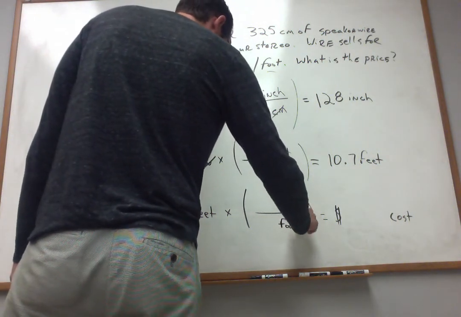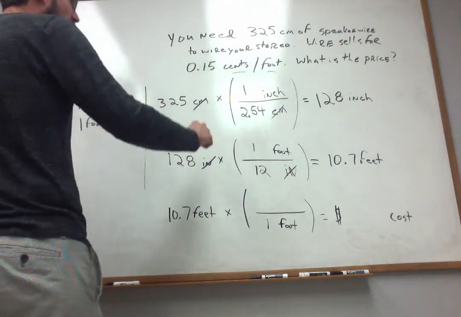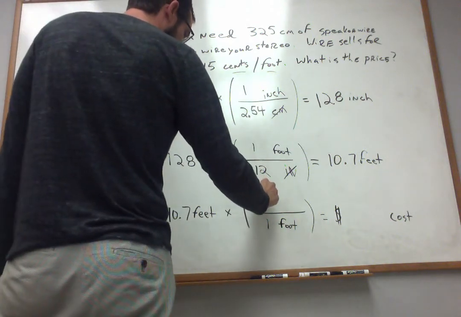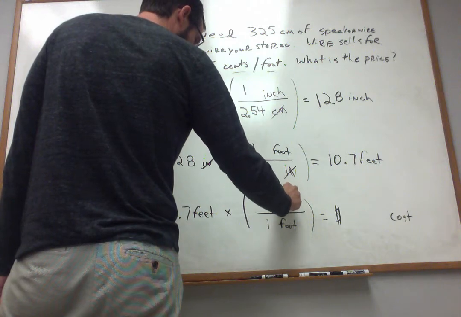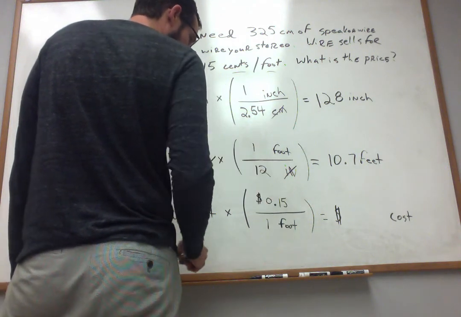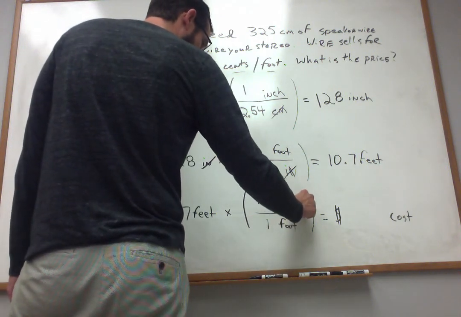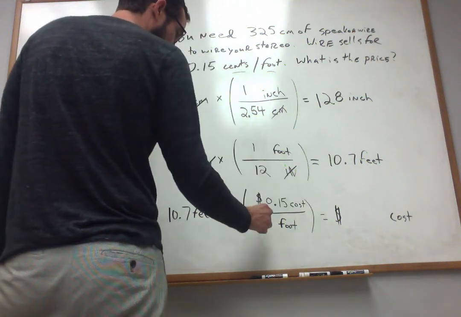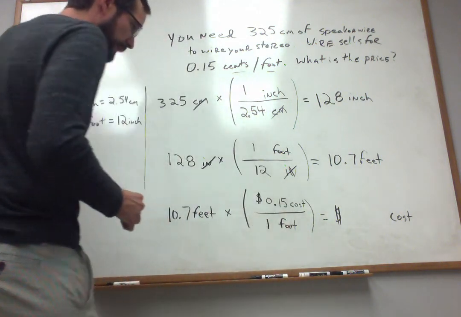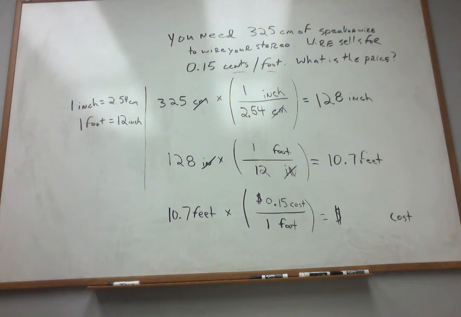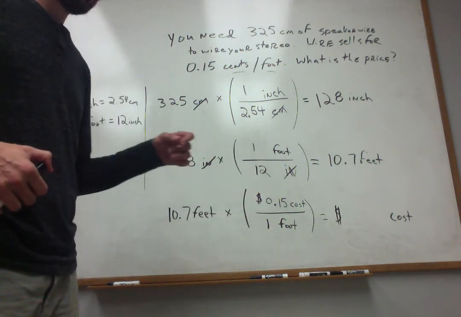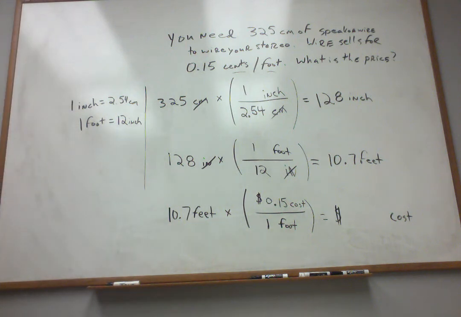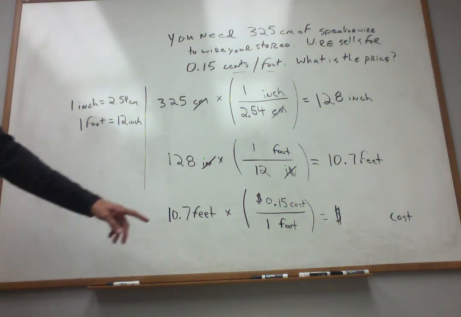So if I was to ask you what the cost of this speaker wire is, in the problem we were told that it cost us 15 cents for every 1 foot. That's the cost. Now those are very different units. This is a monetary value. This is a length. What's the cost per foot? Right? 1 foot costs us this 15 cents.